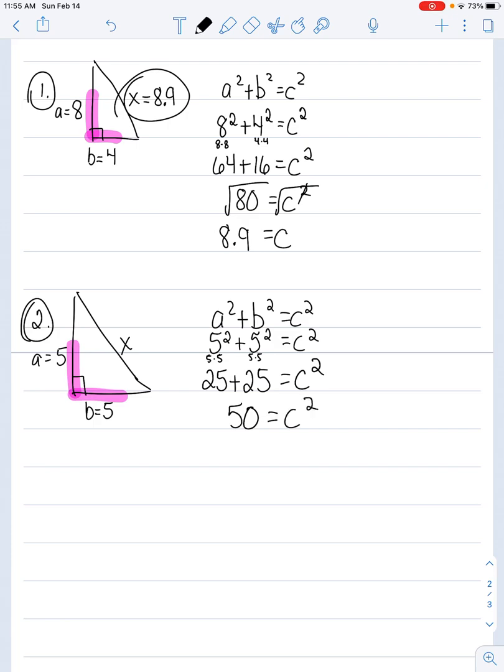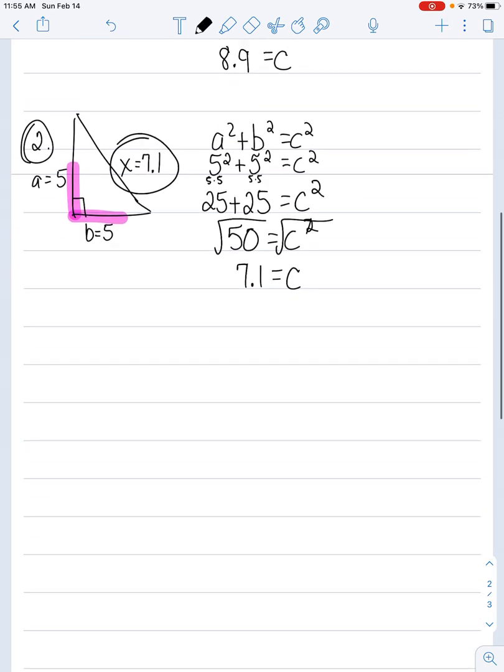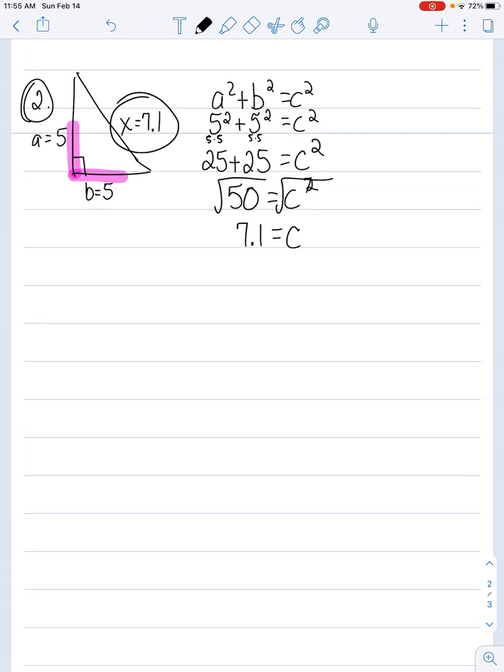But I don't want c squared, I want c. So my last step is to take the square root. Using my calculator, I type in the square root of 50, and I get about 7.1. So that missing side length is about 7.1 units long. That's what the Pythagorean theorem helps us do: find the missing side length of a right triangle.